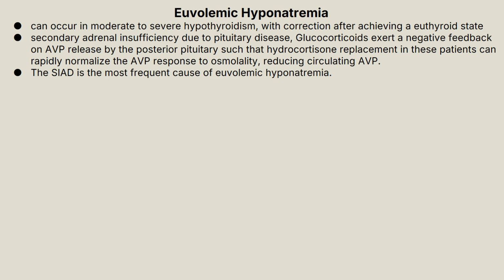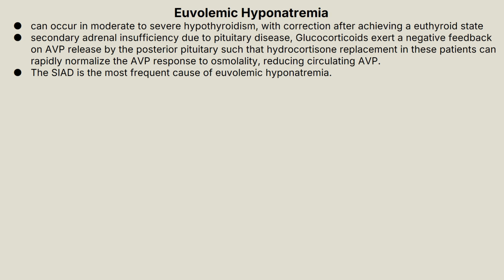Euvolemic hyponatremia can occur in moderate to severe hypothyroidism, with correction after achieving euthyroid state, and secondary adrenal insufficiency due to pituitary diseases. Glucocorticoids exert a negative feedback on AVP release by the posterior pituitary, such that hydrocortisone replacement in these patients can rapidly normalize the AVP response to osmolality, reducing circulating AVP.